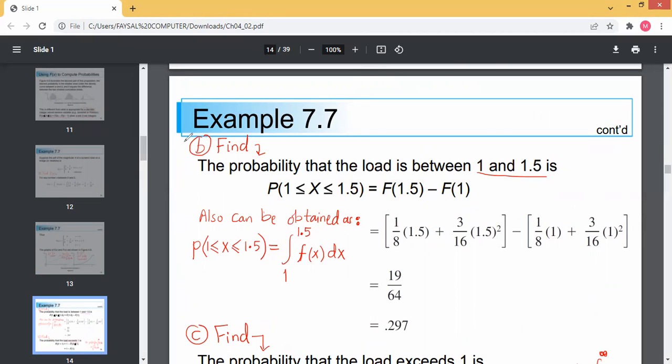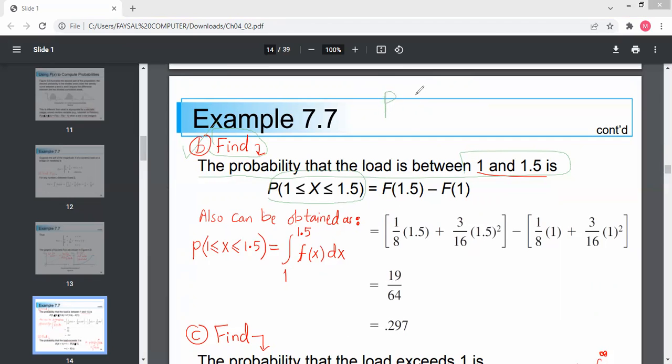Now for the second part, I have to find the probability that the load is between 1 and 1.5. So how to find this?